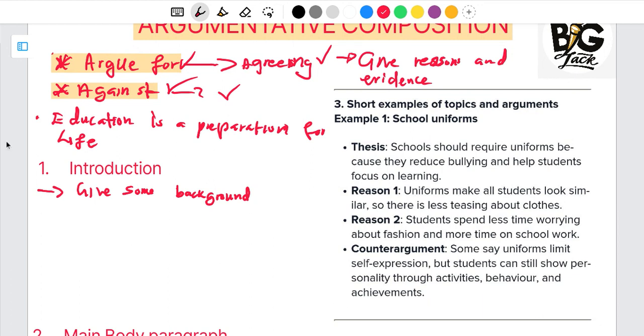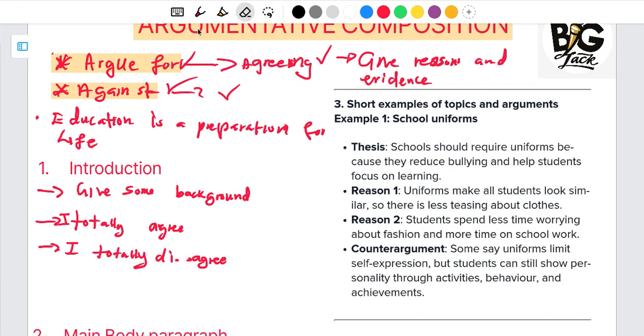So let me also give you: I totally agree, or you can say I totally disagree. So those things you have to know them. I think there is only one single L here. Yeah. I totally agree or I totally disagree.